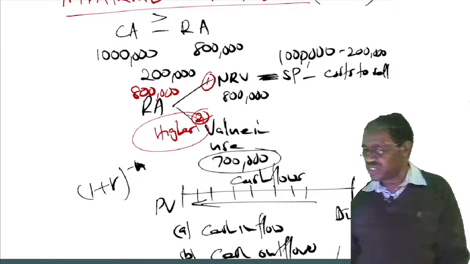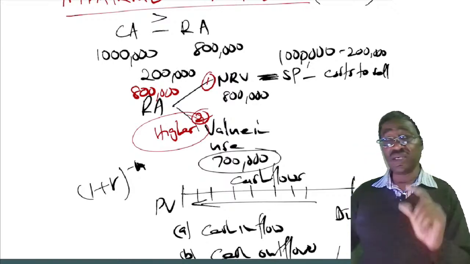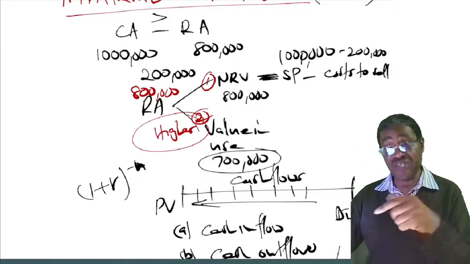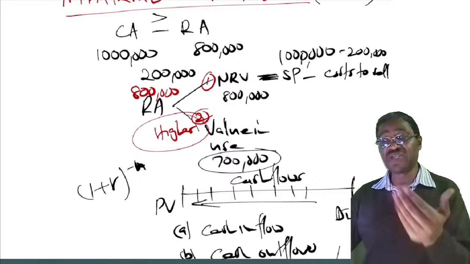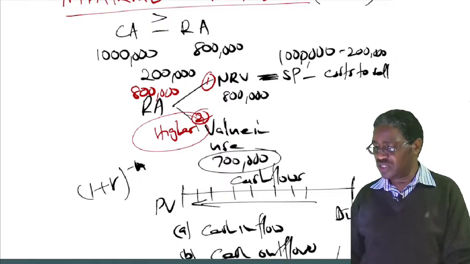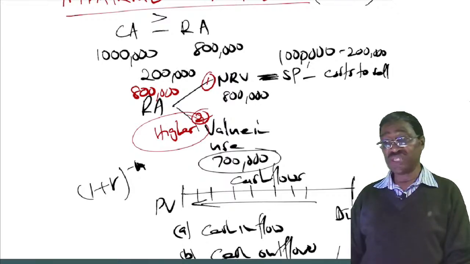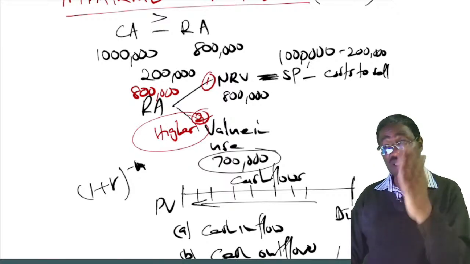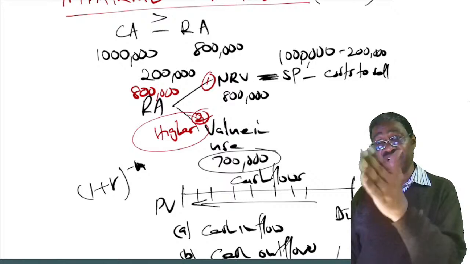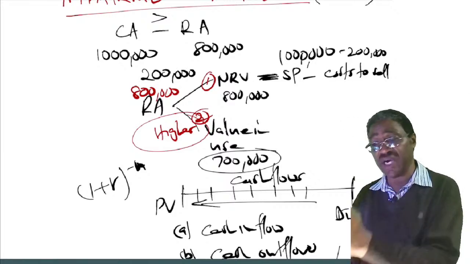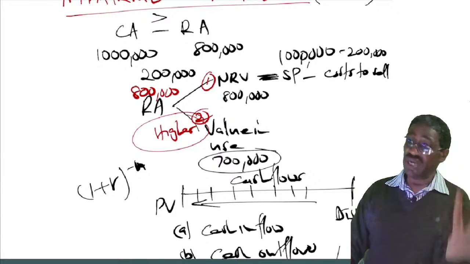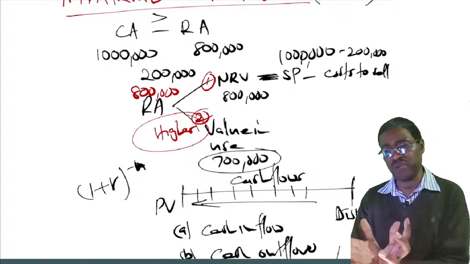When you're asked to explain what impairment review is, it is the process of determining whether an asset has suffered any impairment loss. That's what we call impairment review.